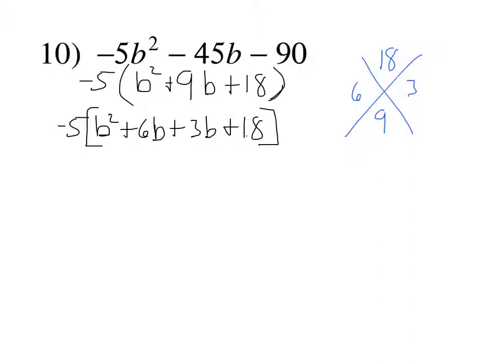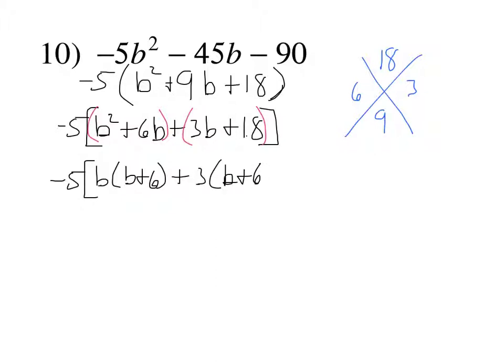Now it's a matter of going through the grouping process. Our first group, we can factor out a b, which gives us b plus 6. Our second group, we can factor out what? A 3. Leaves us with b plus 6.